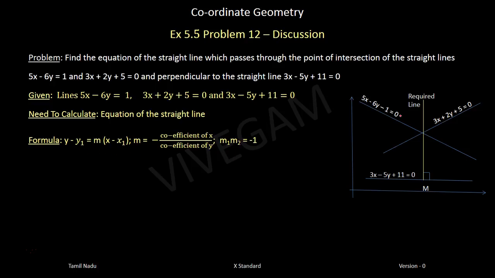One point can be obtained by solving these two equations. You'll be able to find the point of intersection, that is the one point, x1, y1. Next, we can calculate the slope of this line, and thereafter using this formula you'll be able to calculate the slope of the perpendicular line. Finally you'll have the value of the slope and also one point, and you come to the slope point form and calculate the equation of the straight line.